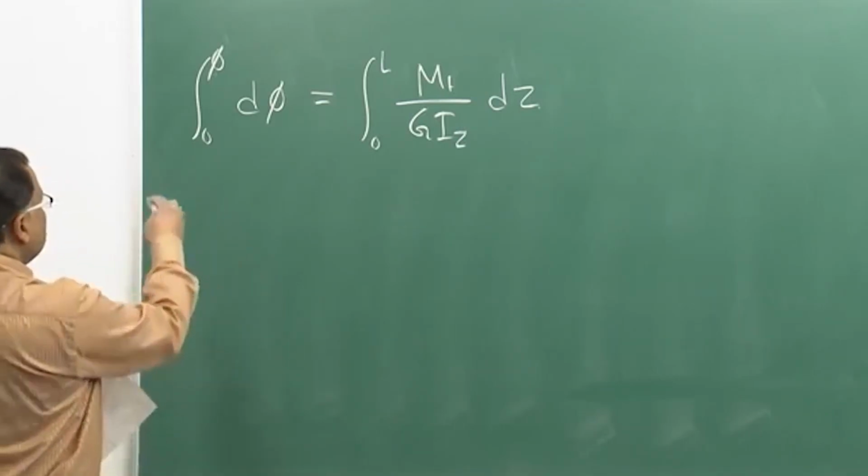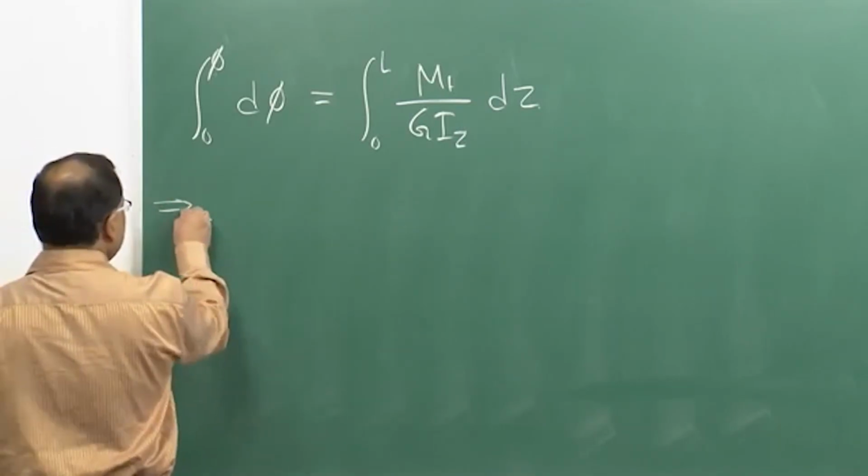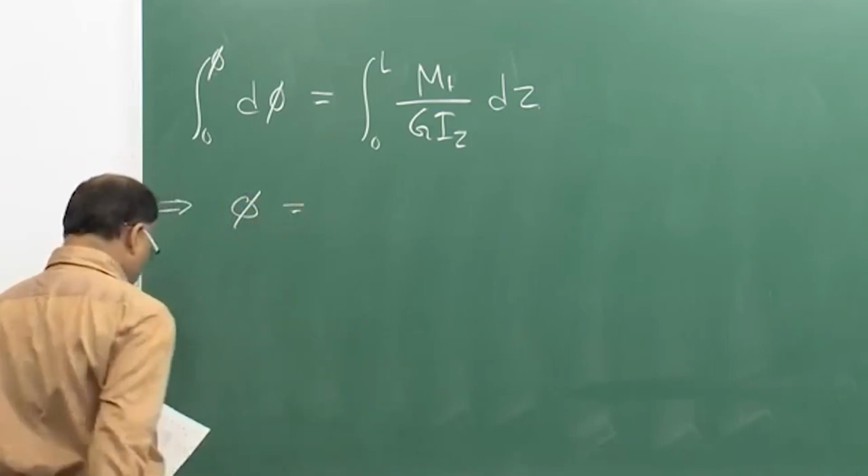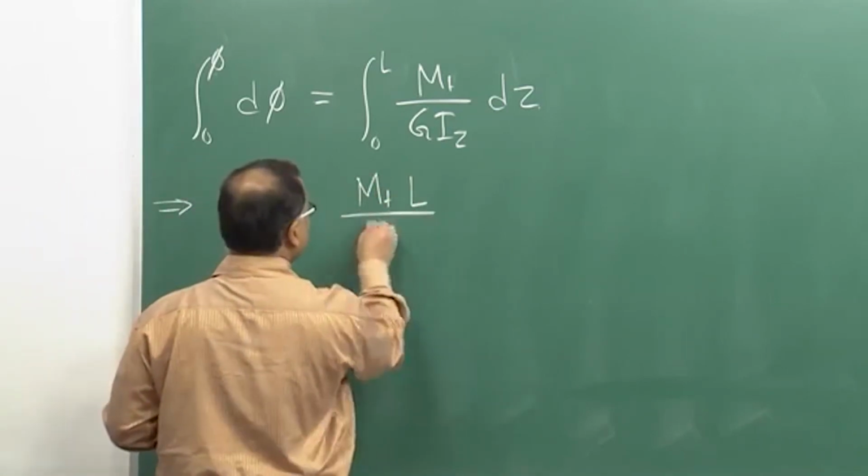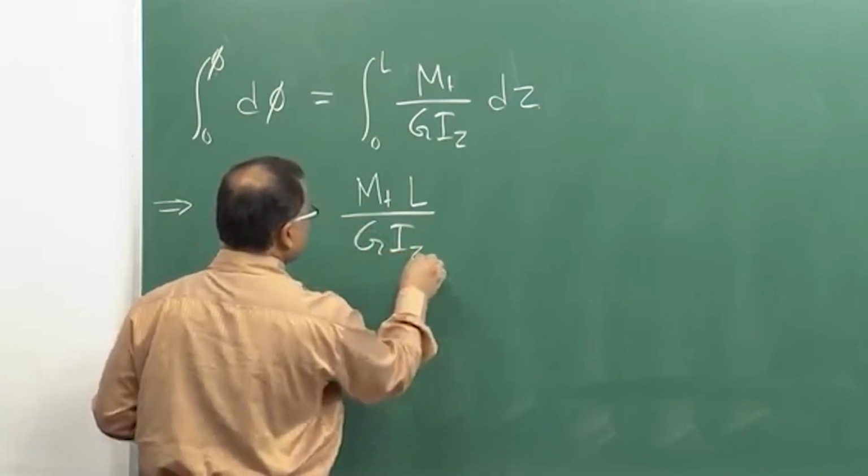Now, what does it give me? It gives me phi equal to mt L by G I z.